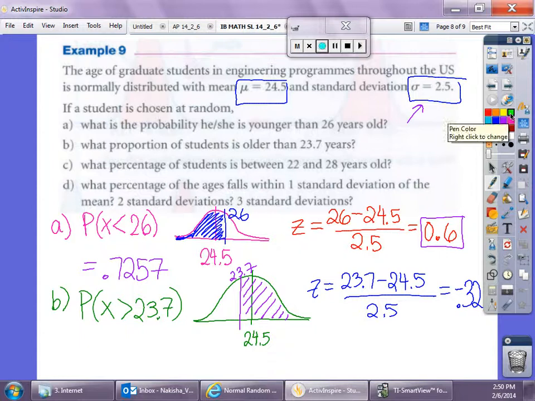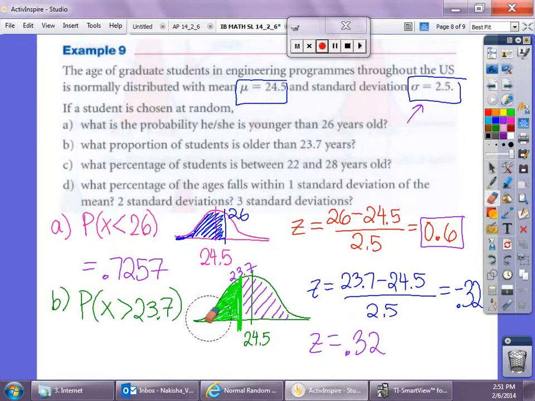The z-table always gives you less than, but here's the interesting thing. You're not going to find a z-table with negative values. You're going to be able to find the z-score of positive 0.32 on a table, but not negative 0.32. So the question is, how do you relate those two?